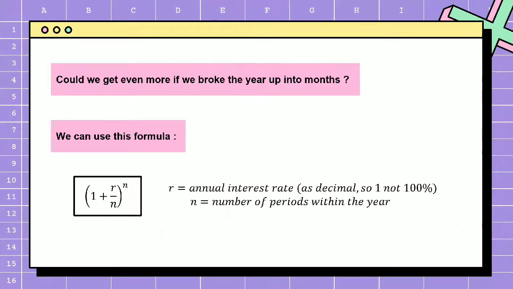So, could we get even more if we broke the year up into months? We can use this formula (1 + r/n)^n, where r is the annual interest rate and n is the number of periods within the year.